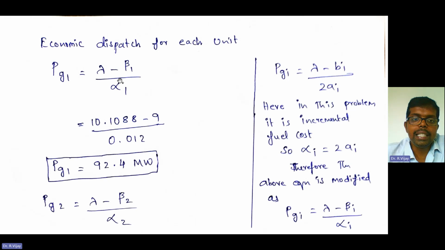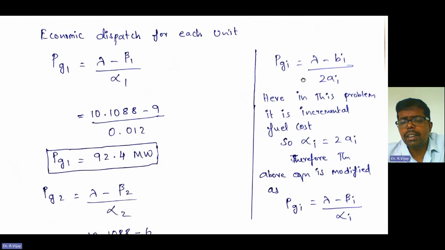Next, with this lambda, we need to find out the economic dispatch of each unit by using the lambda iteration method. We have solved many problems with the lambda iteration method in previous classes, so go through those problems also. Here, PGI is equal to lambda minus BI divided by 2AI. But in this problem, the incremental fuel cost coefficient is given, that is, alpha I is nothing but 2AI.